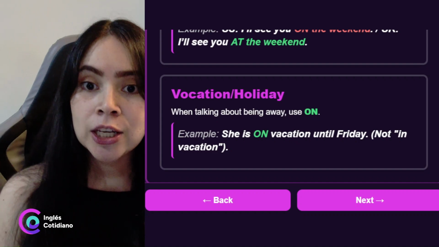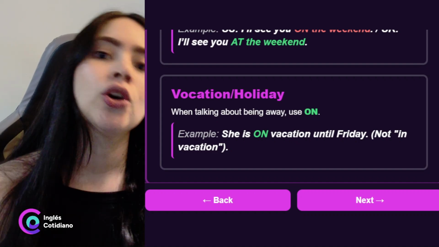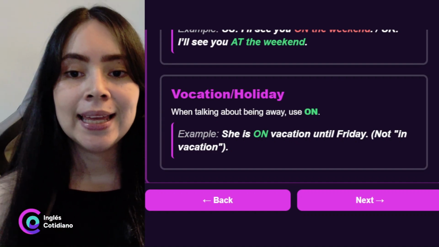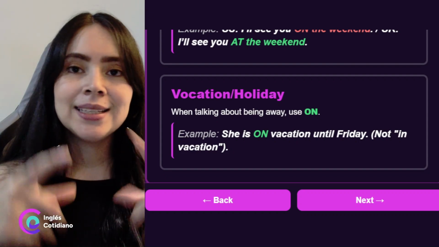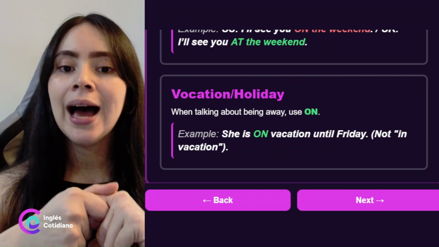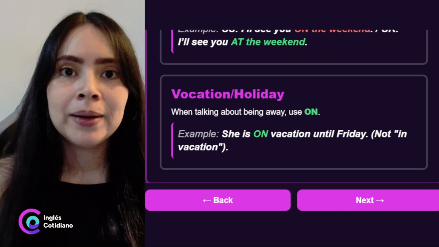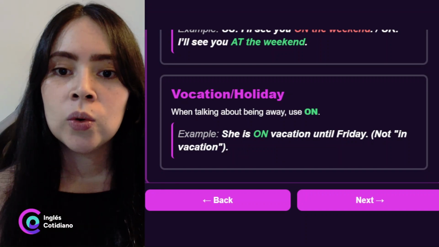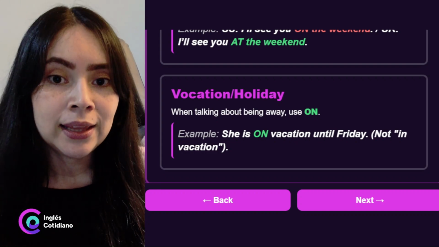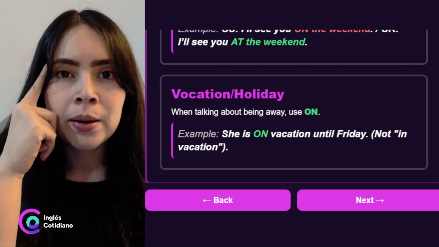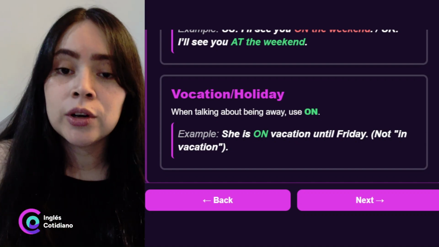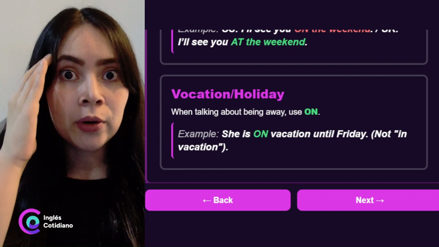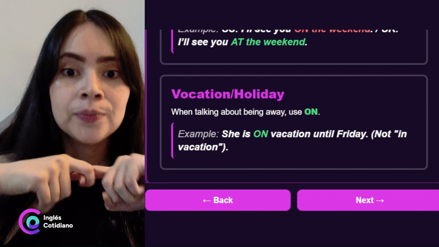With the word vacation, we also use the preposition on, always. This is a combination we have with this word, on vacation. And also on holiday is something that we must memorize. There isn't any explanation for this. We need to memorize this combination.